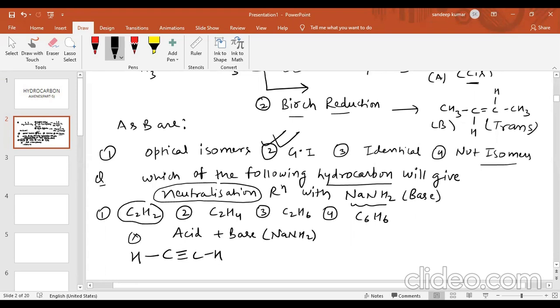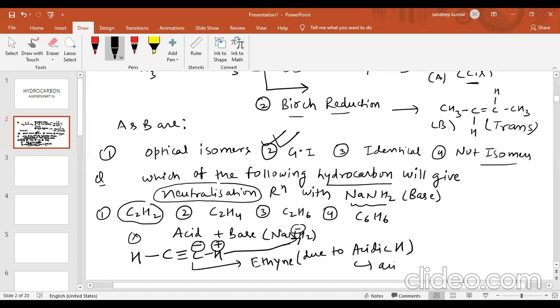Terminal alkyne means an acidic hydrogen is present. So this acidic hydrogen will combine with the base. This is ethyne, and due to the acidic hydrogen, it will behave as an acid, and this is the base. Therefore, a neutralization reaction will take place when sodamide reacts with ethyne. So option A is correct.